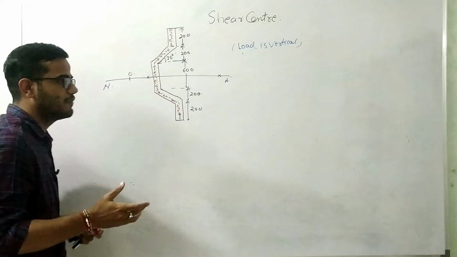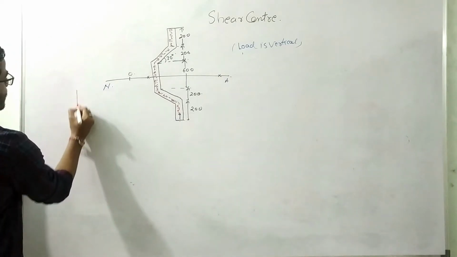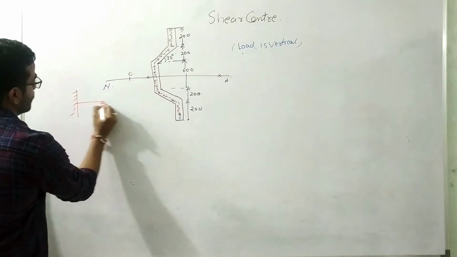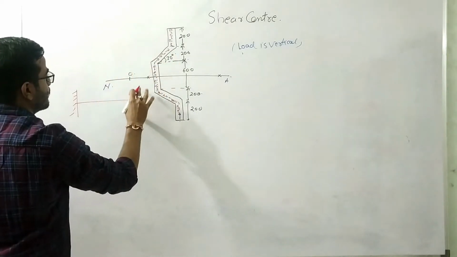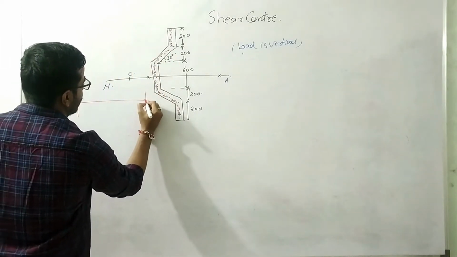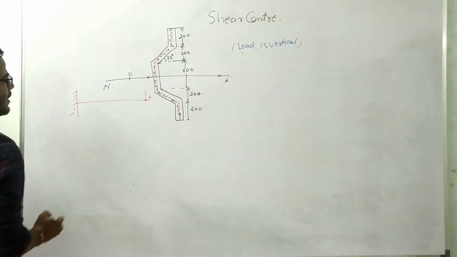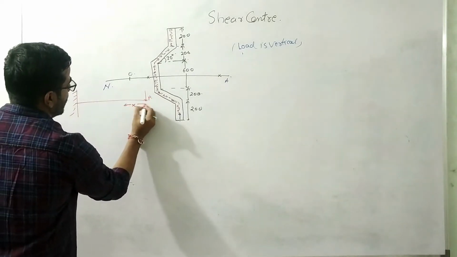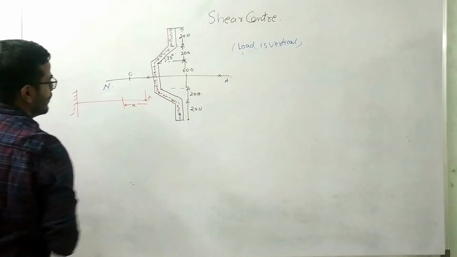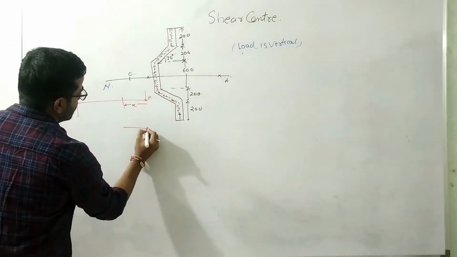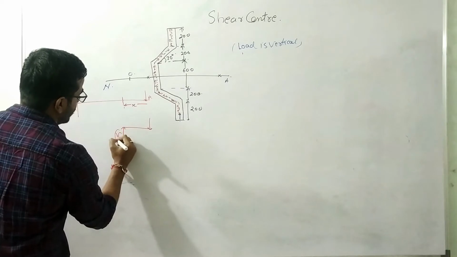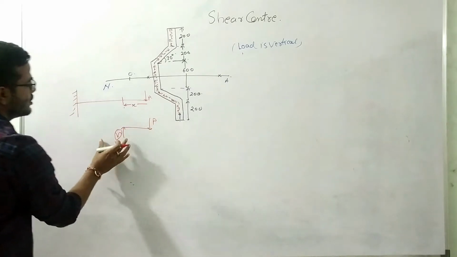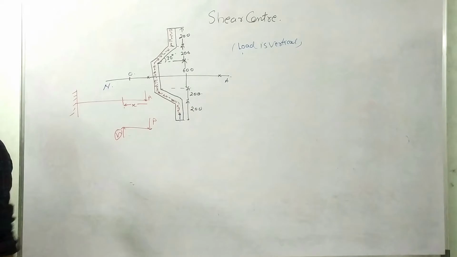Regarding the purpose of the shear flow, let us suppose this is our cantilever beam, and this is a cross section of this beam. If the P load is acting at this point, and at a distance of x I cut a section over here, the shear force will act in this vertical upward direction, and its purpose is to balance this vertical force, right?